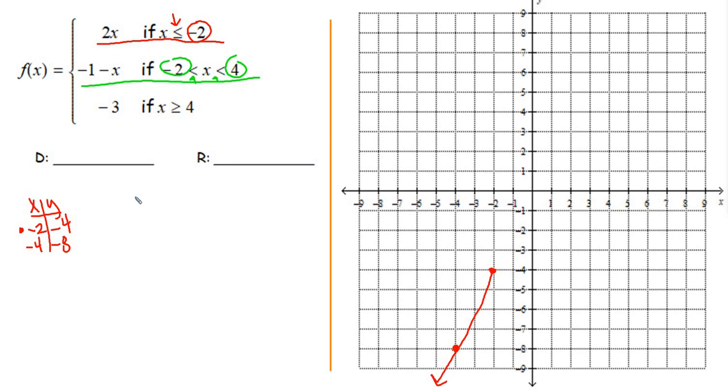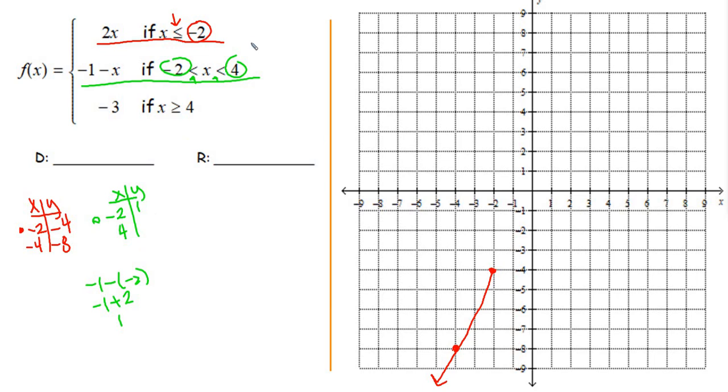Okay, so for our second piece, we're going to plug in -2 first, and as I already said, because this doesn't have an equal to symbol, I know that's going to be a nice open dot. So I have -1 minus a -2. So a -1, a negative and negative makes a positive, and 2 plus -1 is +1.